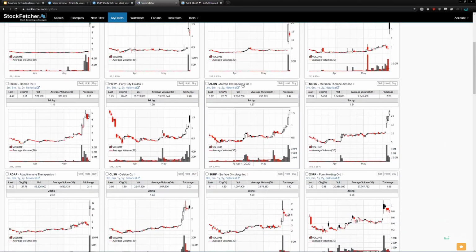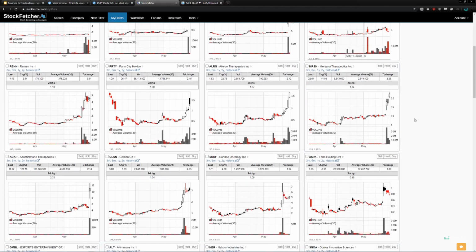But this 7-day 50% runner scan, you'll see that it finds some pretty similar stuff. It did find Aileron Therapeutics here, which was also on the top gainers list. And then there's a couple of extras here like Mersana Therapeutics. I didn't see that one on the list of top gainers. And that might be because it wasn't a top gainer on Friday because it was already up from 10 to 20, and then it only went up to like 22.